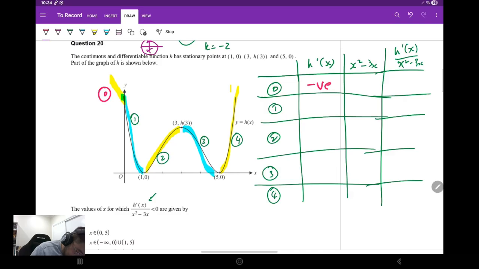The derivative of the first part is negative. The derivative of the second part is positive. The derivative of the third part is negative. And the derivative of the fourth part is negative. Positive. So x squared minus 3x appears to be something that we need to substitute into these values. This is where it becomes a little bit difficult.